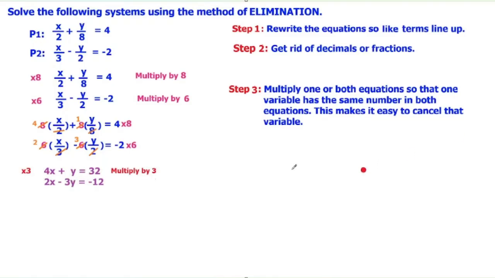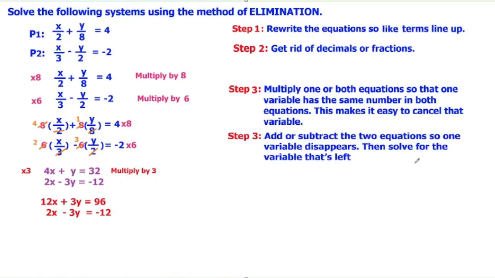And then we'd only have to multiply through on one equation, okay? So let's do that. So it becomes now 12x plus 3y equals 96. 32 times 3 is 96. And then this equation stays the same.